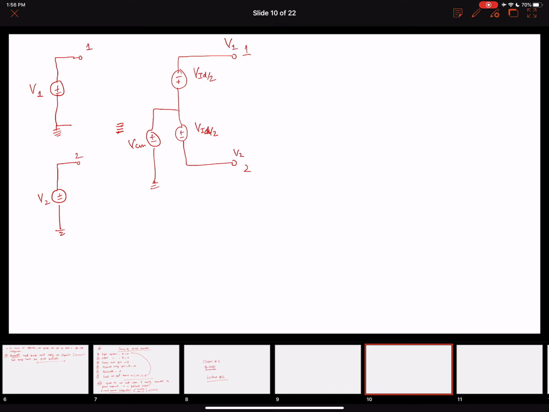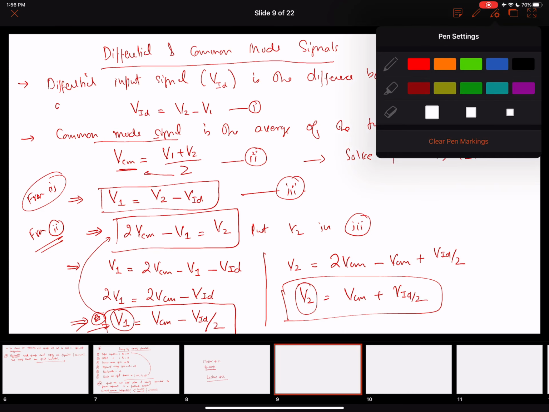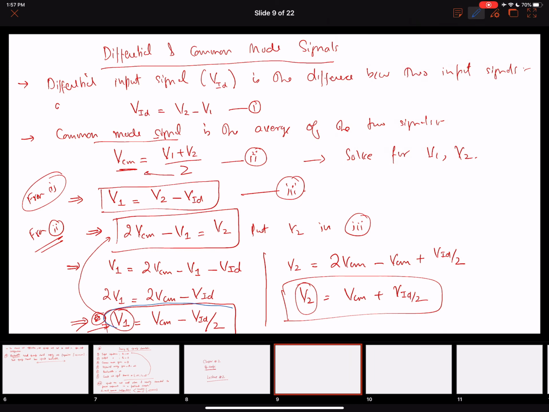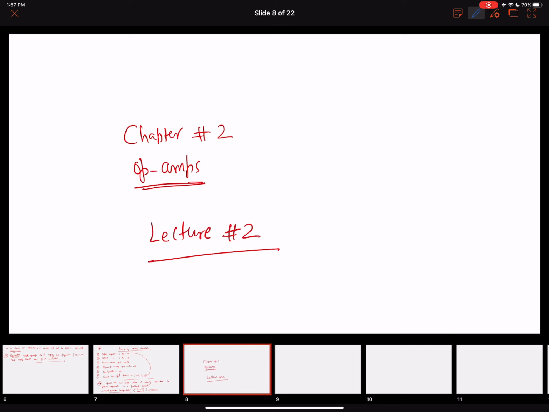In the last slide, what we found out is that V1 equals VCM minus VID over 2. So in the circuit, my V1 voltage equals VCM minus VID over 2, and my V2 voltage equals VCM plus VID over 2.